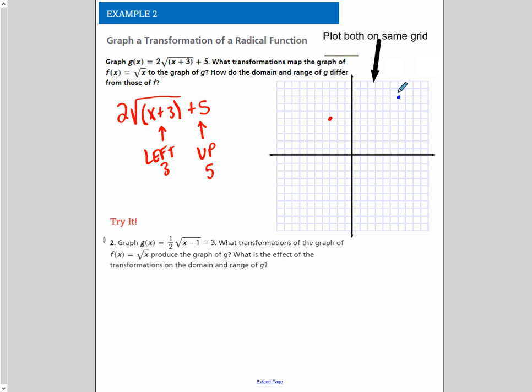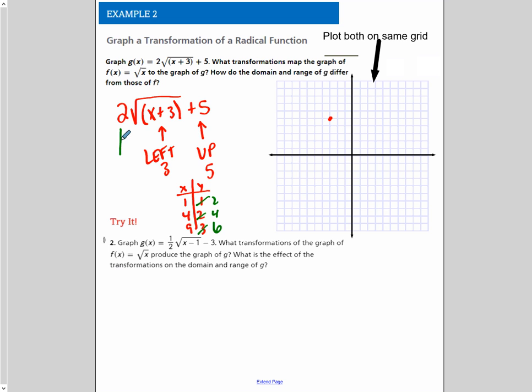But what the 2 out here does is it changes those y values. It's going to double them. They'll go up 2, up 4, and up 6 instead, because it is doubling the outputs.